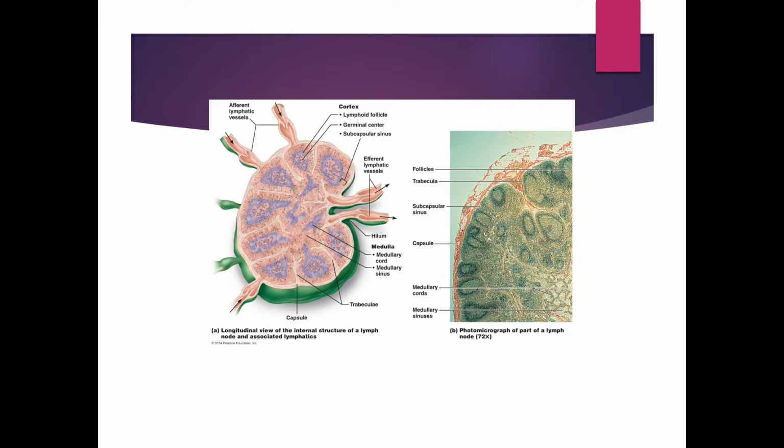So when an antigen is being brought to the lymph node by a macrophage or some other antigen presenting cell, or it floats in on its own, then the T cells and B cells that have the receptor for that particular antigen are going to be selected.